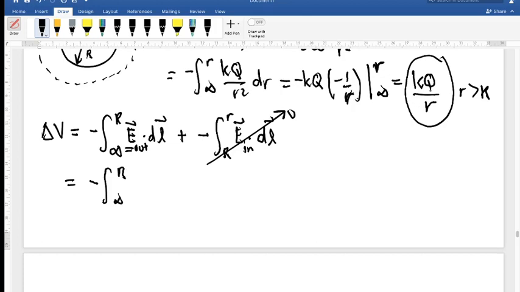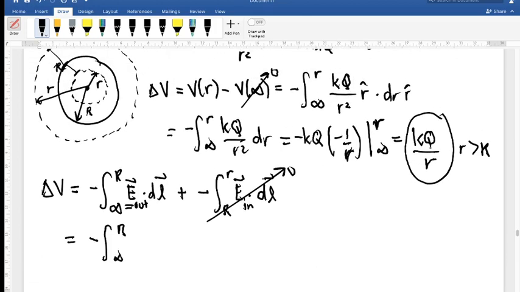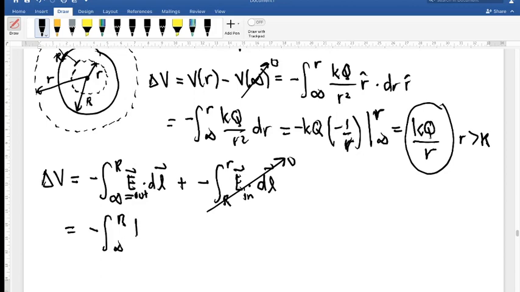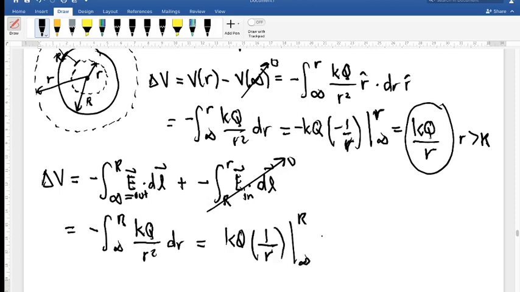What's left is the negative integral from infinity to capital R, with the same expression, kQ over R squared dr, giving kQ times 1 over R from infinity to capital R, which is equal to kQ over R. Now remember, even though the electric field is 0 inside, it does not mean the potential inside is 0, but it is constant, equal to the potential on the surface.